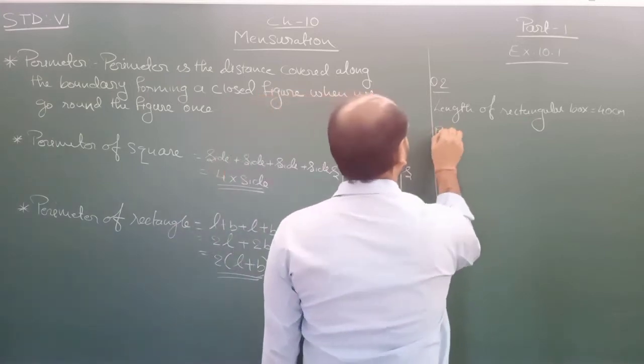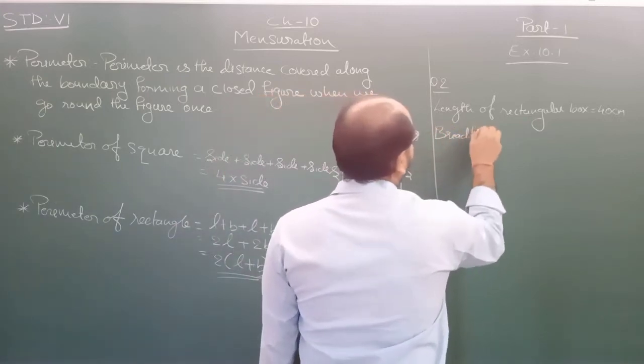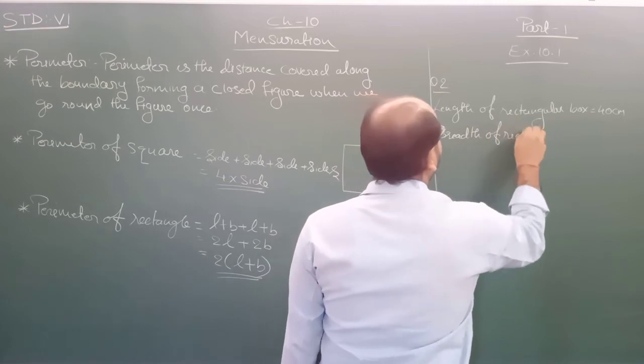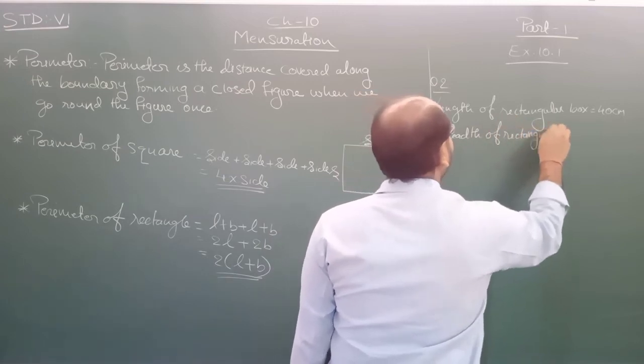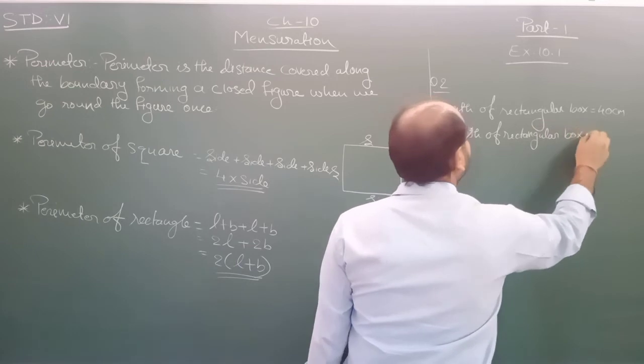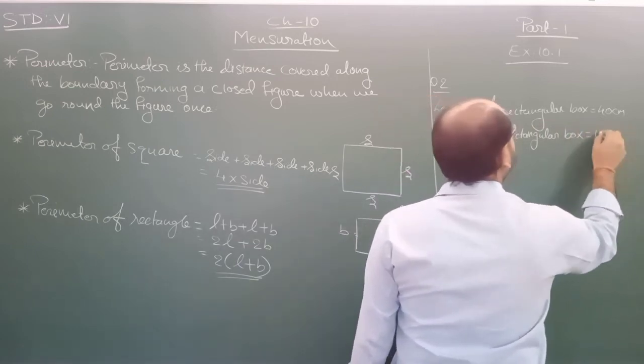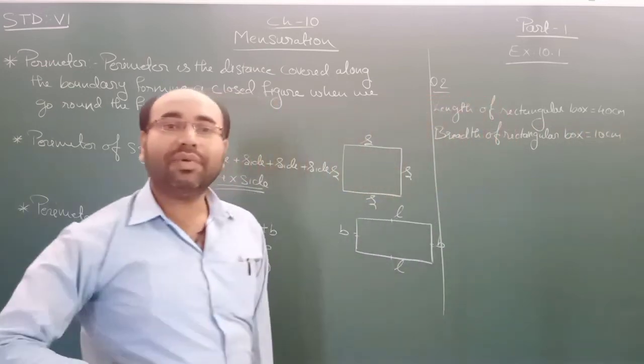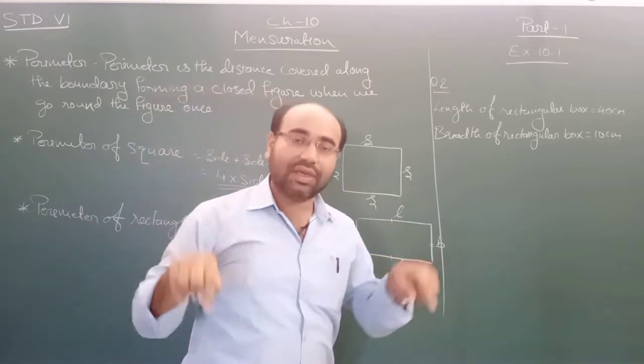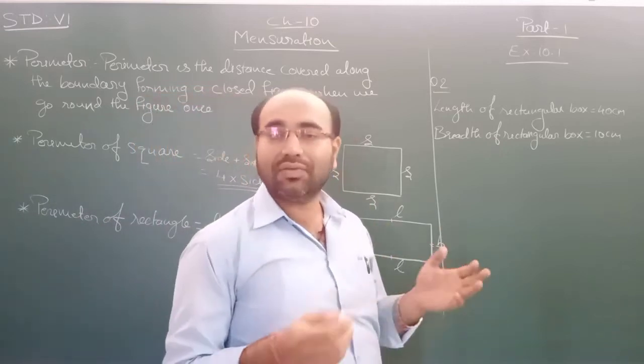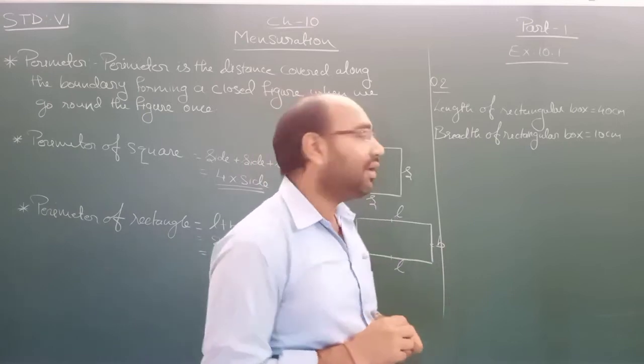And what is given? Breadth of rectangular box is equal to 10 सेंटीमीटर. That is already being given. अब हमें find out करना है कि उसकी चारों साइड को अगर टेप से कवर करना है, so for that how much tape will be required.